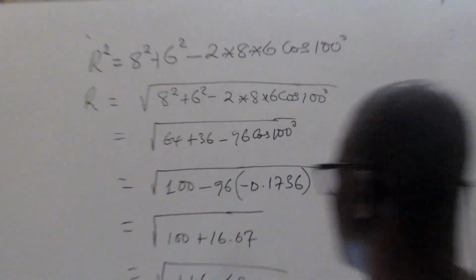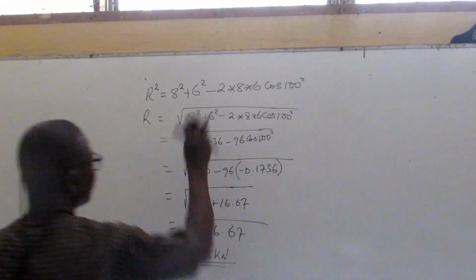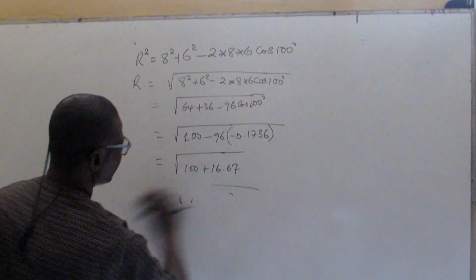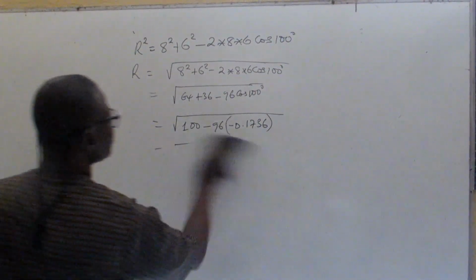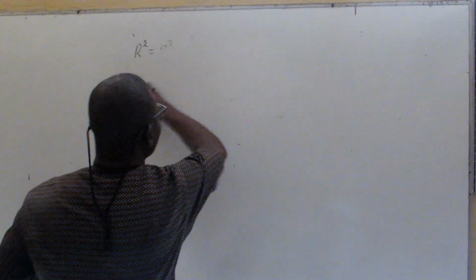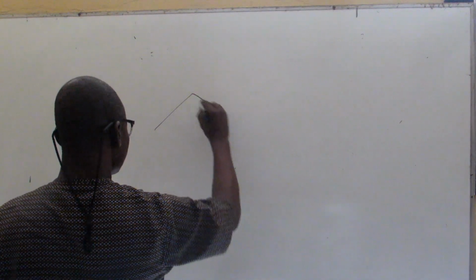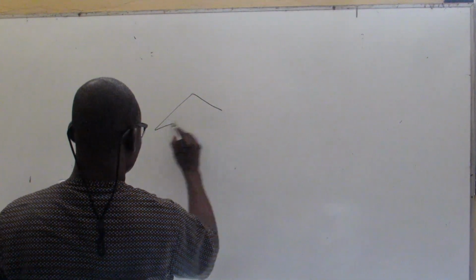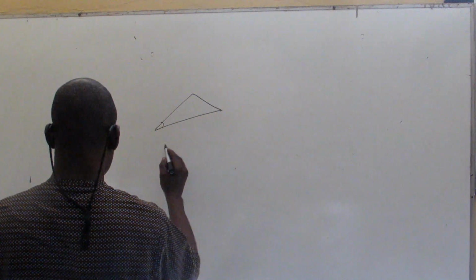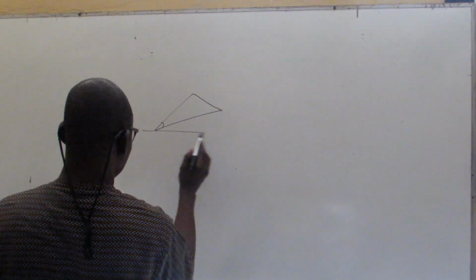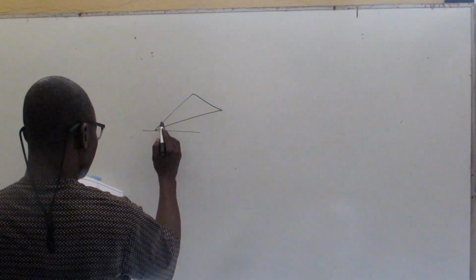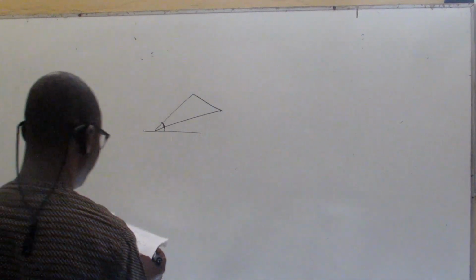And we come back to our diagram, after taking this down. Come back to our diagram and see what we are going to do to find that angle. Our diagram looks like this, and this is the angle we had before.